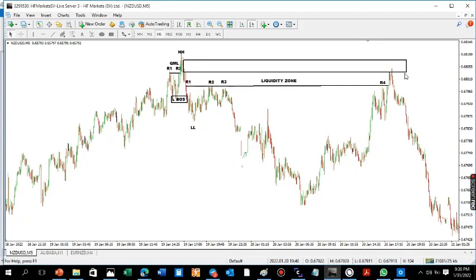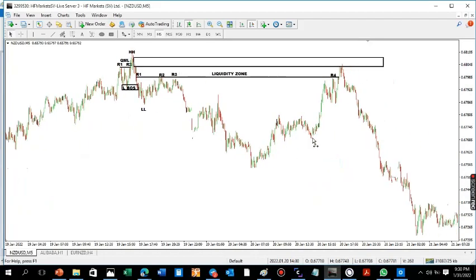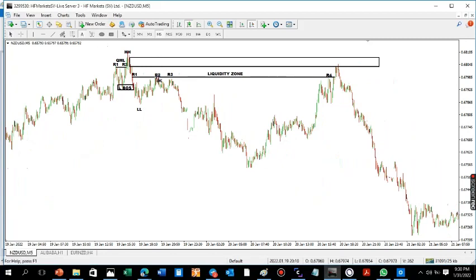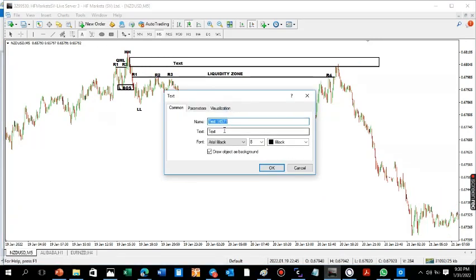So we extend this to the right side and look. It was at that exact level where the market gave us a nice rejection, and then the market dropped nicely.